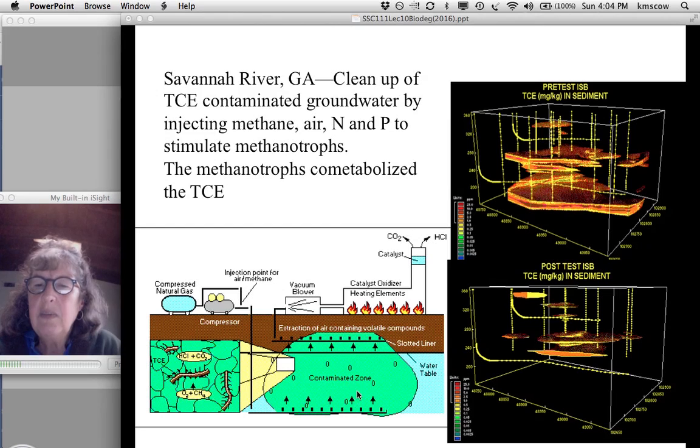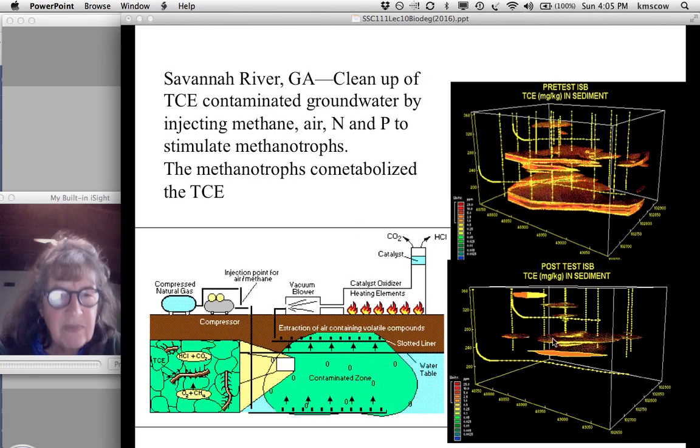And indeed, it stimulated the methanotrophs shown here, blown up, and they started to break down the methane along with the oxygen as the electron donor that was provided for them. But these are native organisms that were doing it, and they ended up co-metabolizing trichloroethylene, and that's shown here, that after maybe I think it was 4 years or so, they got good removal of the trichloroethylene. So that's just an application of this understanding of microbial metabolism to the field.